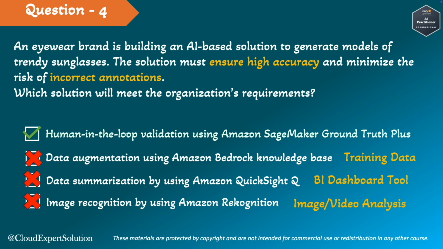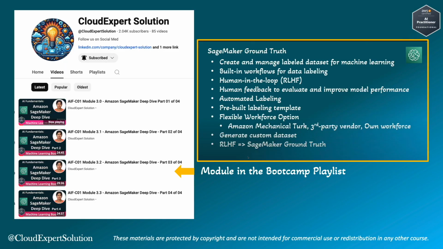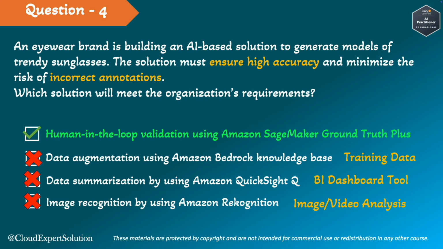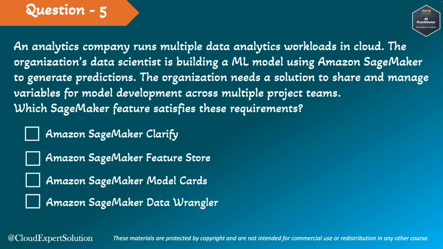Hence, this is the correct answer for us. We have covered Amazon SageMaker Ground Truth or Reinforcement Learning with Human Feedback in Module 3.2, Amazon SageMaker Deep Dive. Please review the video and clarify if you have any doubts. Let's move to question number 5.